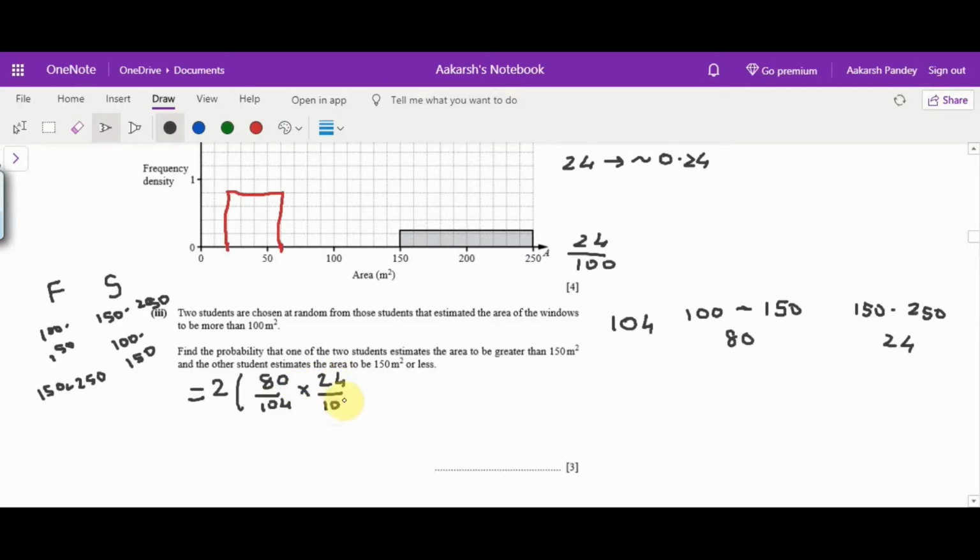Now this will be out of 103. Why is that? Because I have already chosen one student. One student is chosen and that student is out. So I have remaining 103. So this is the answer to this question.